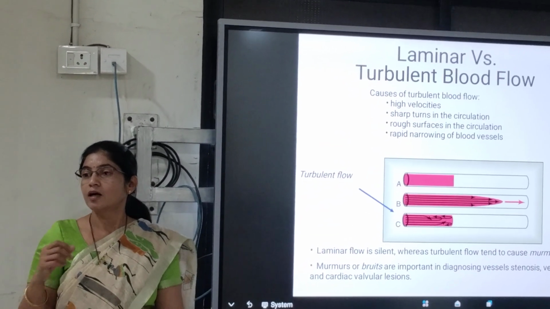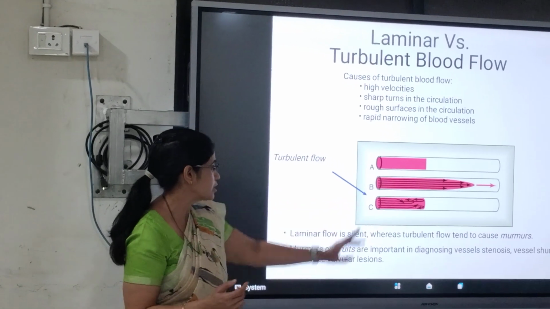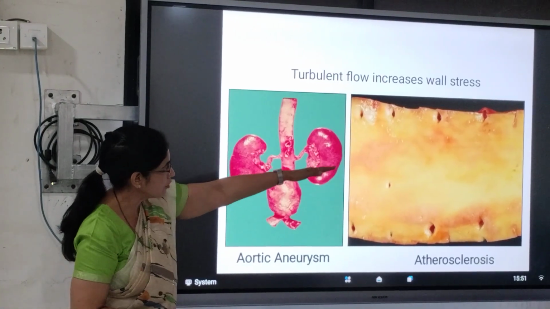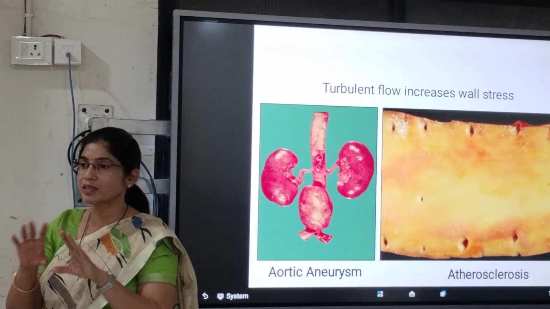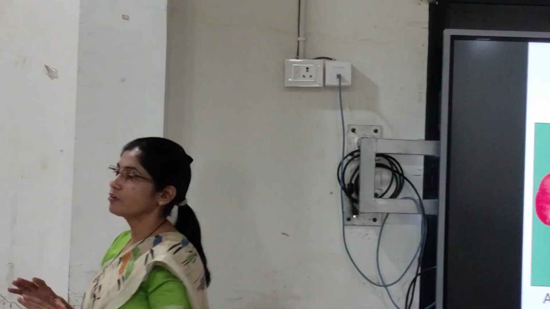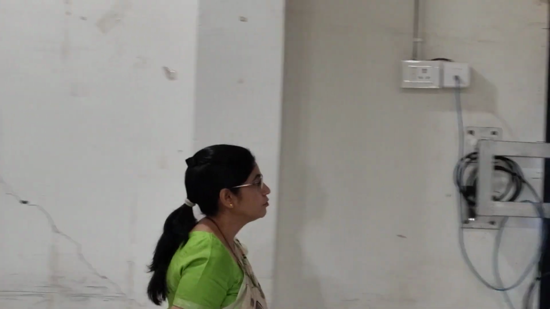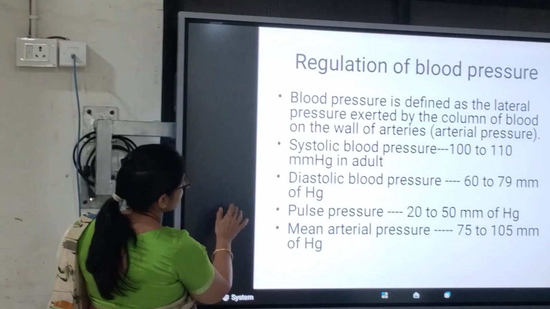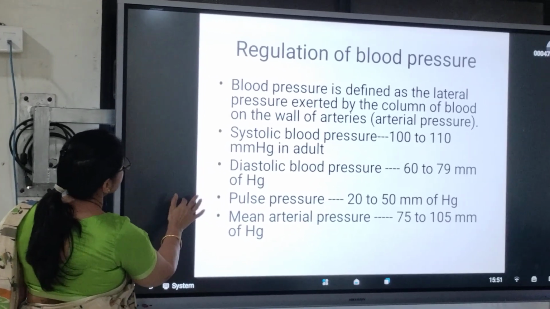All will lead to turbulent blood flow like this, and the walls of the arteries will get damaged. The lining will not be a smooth one. So when you are measuring the BP, this is the normal regulation.